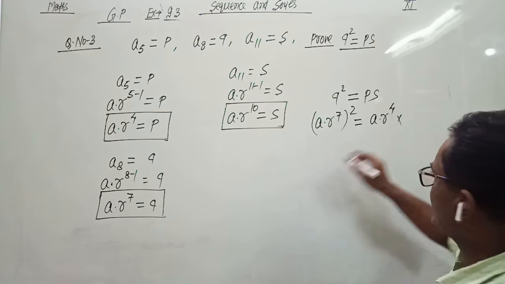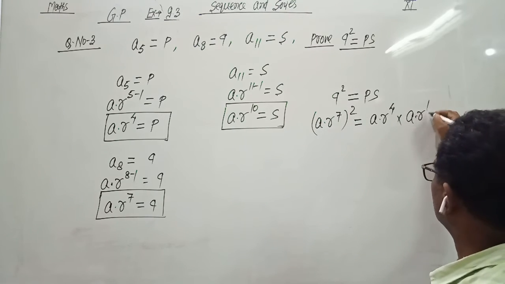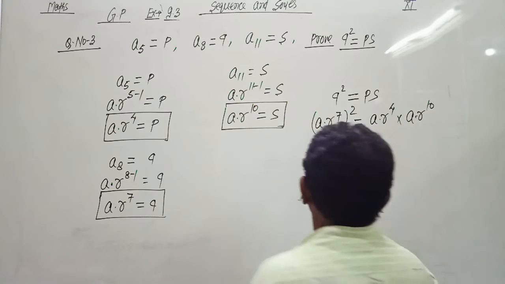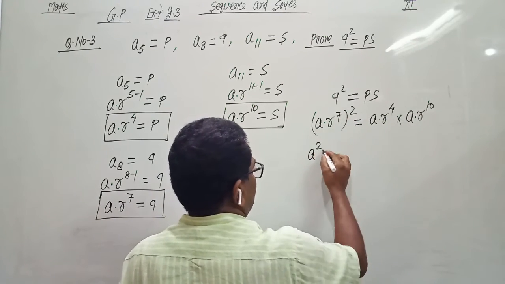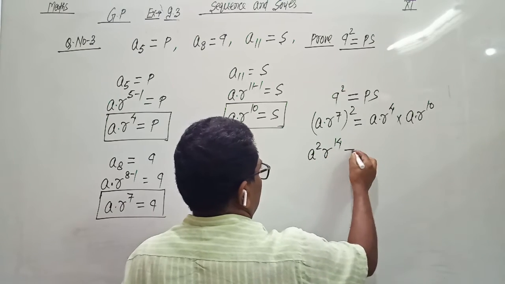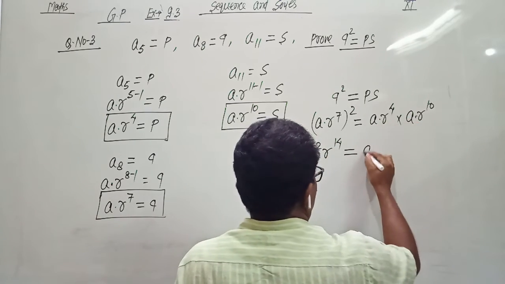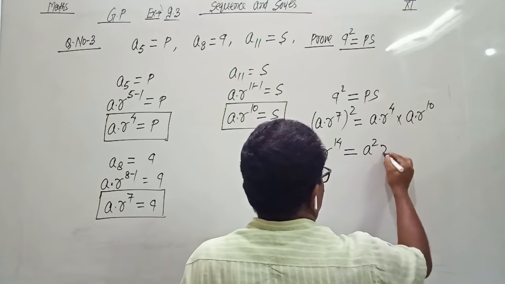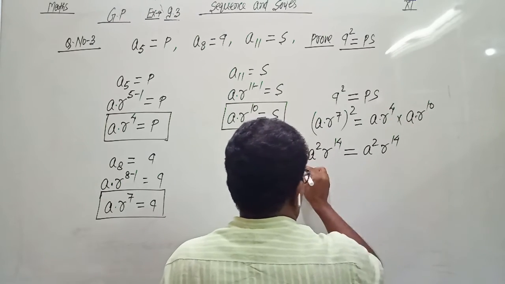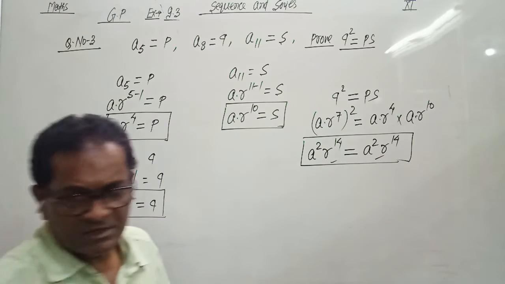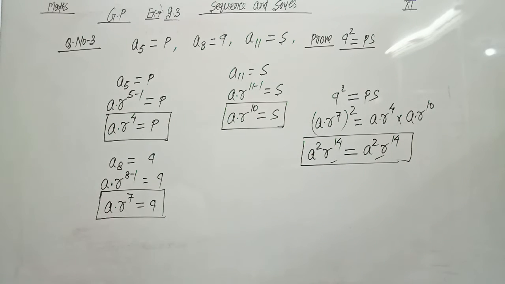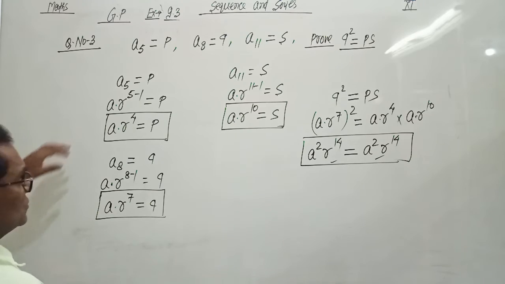And the value of S is A into R raised to the power 10. So A square, and powers we add: R raised to the power 14. A into A is A square, powers added give R raised to the power 14. So LHS equals RHS. This proves that Q square equals P into S.